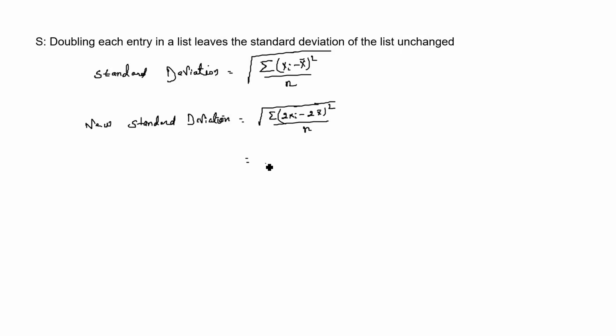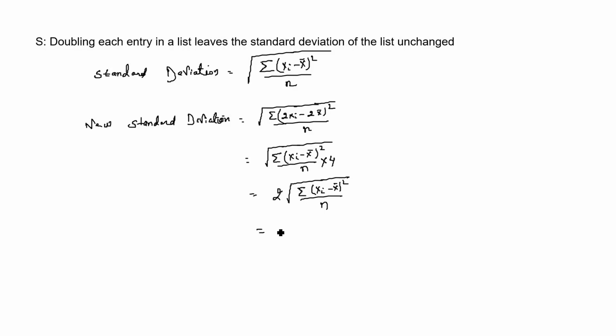If we take 2 as common, we get 2 squared times the summation of xi minus x mean squared by n, which is 4 times it. Taking the 4 out of the root, this will be 2 into the root of the summation of xi minus x mean squared by n.